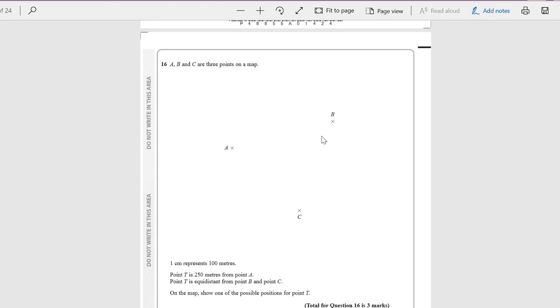So essentially you get your compass point here, put the point there, and you would sketch something out, and again this is very rough. And then the same thing for point C, you get your compass point there, and you would draw it out, look something like that.